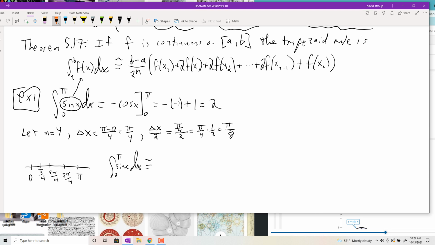And what I just figured out is this part in theorem 5.17, b minus a over 2n. b minus a over n, again, is just change in x. That's pi over 4, and then all over 2. Or if you'd rather, pi over 2 times 4. You get pi over 8, right? Same thing. So I have pi over 8 on the outside, and then you have to plug all of these into your function, f of x.